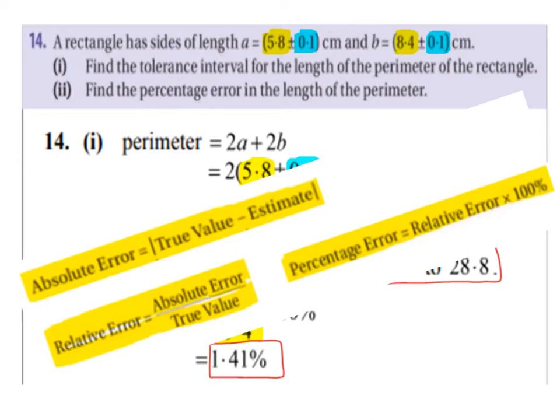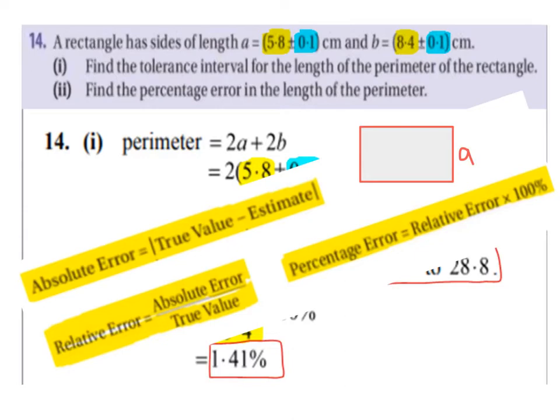So a rectangle, we know, looks like this. So for example, A, which is the side length, is 5.8 centimeters, give or take 0.1 centimeters.